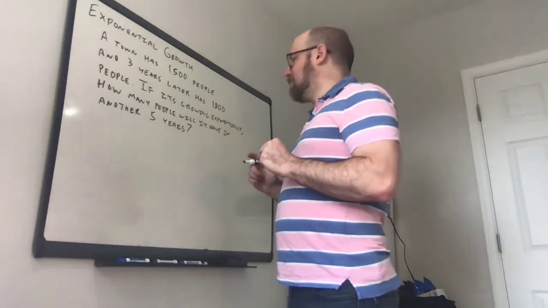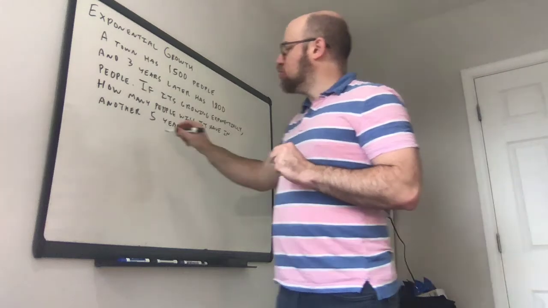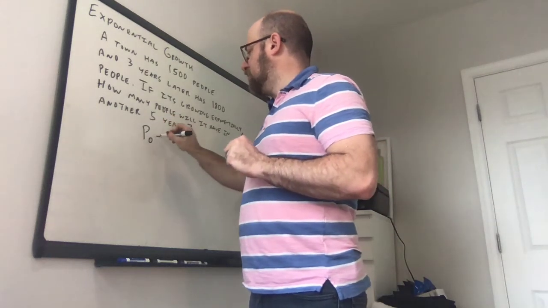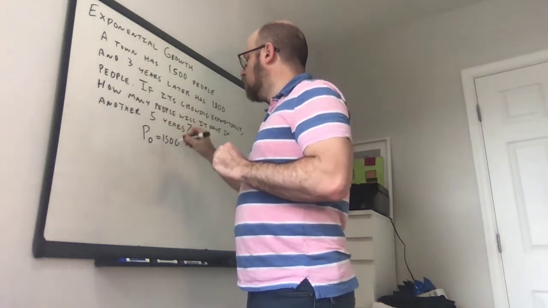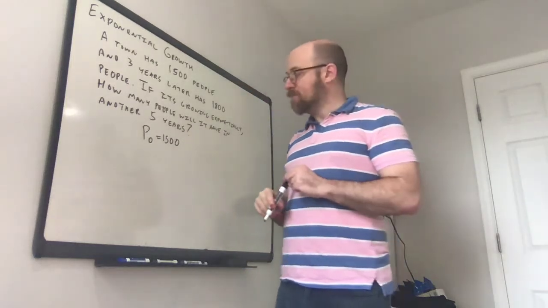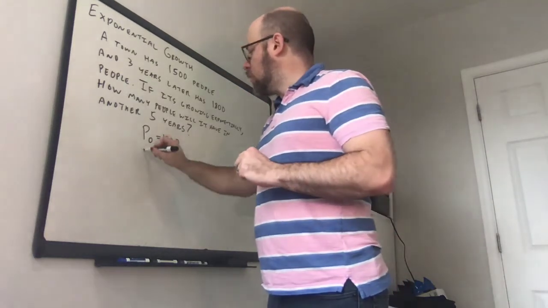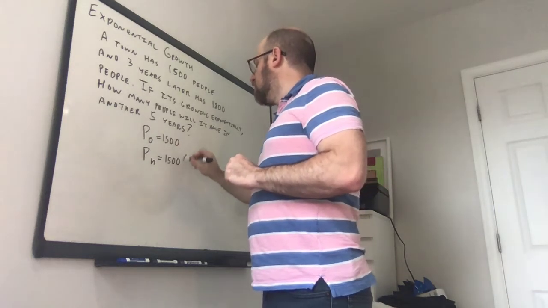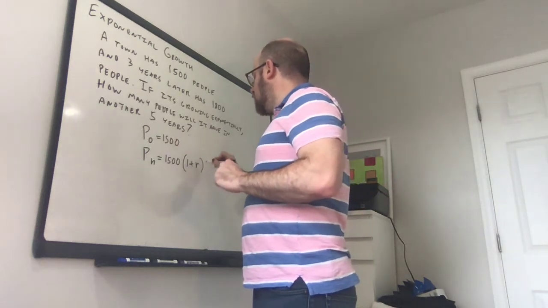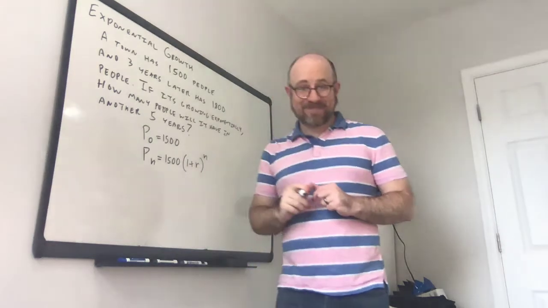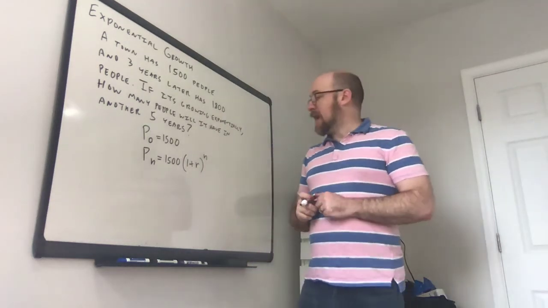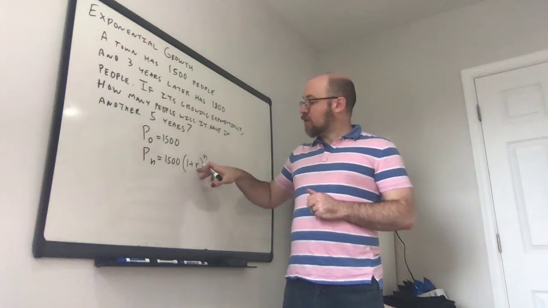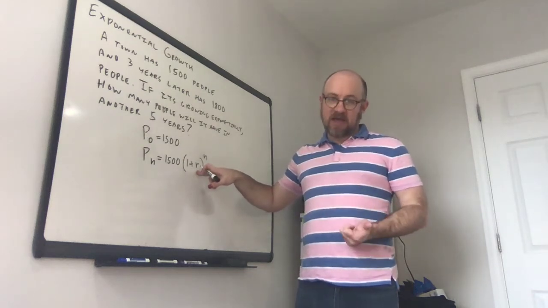What we need to think about is we do know our initial value, P sub 0 equals 1,500, okay? And so we know that our equation, P sub n, is going to be 1,500 times 1 plus r to the n, okay? Now, the trick is we don't know what r is, and that's what we have to find.